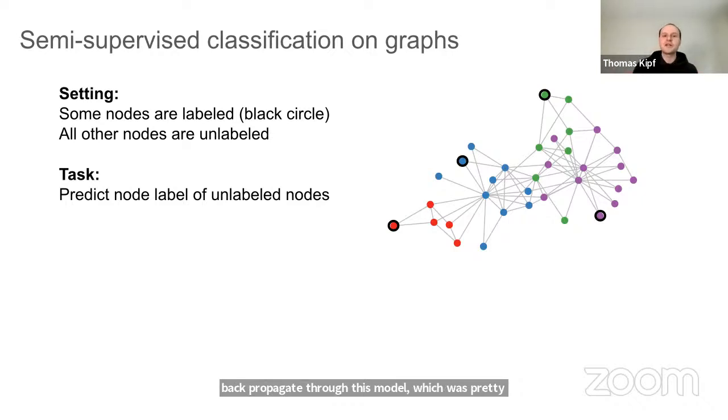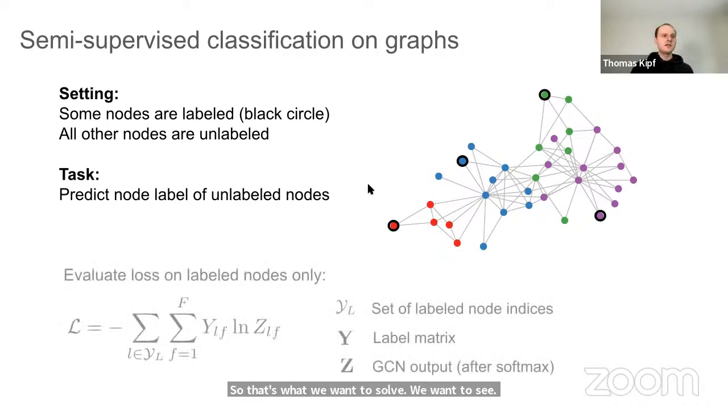People didn't really do that for these kinds of models. And what we found was, let's say we only have 1 labeled node for each cluster here. So we just have 4 labels in total. And the task is to predict the node label of the unlabeled nodes. That's what we want to solve. We want to see if the model can also color the other nodes of these clusters correctly.